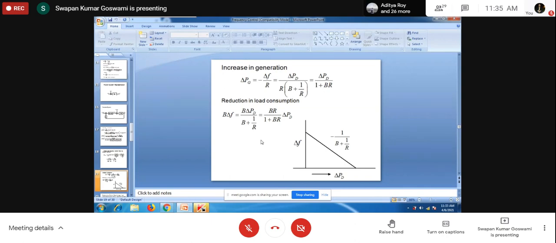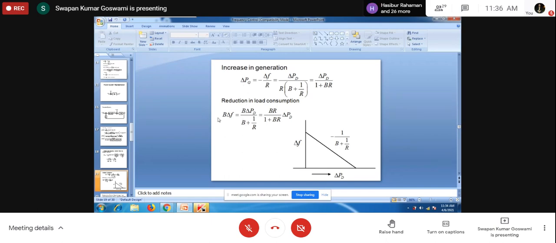Then B delta F will be zero, is it not? If this part is zero, then the additional power generation delta Pg is given by this much only, that means the sum of delta Pg and B delta F. Obviously, this is greater than delta Pg itself.